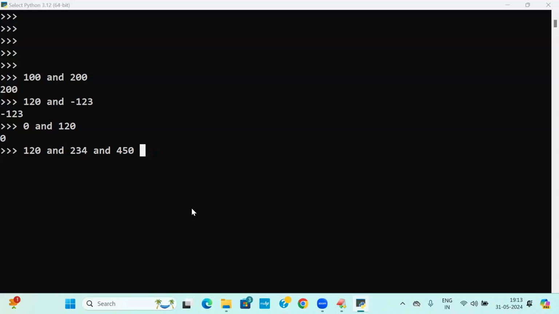So, Sucharita, okay. Let us start. Answer. What is an answer? So, coming to this now. 450. Easy or difficult? Easy. 120 and 10 minus 10 and 40.